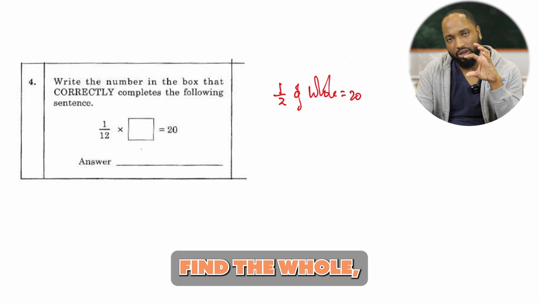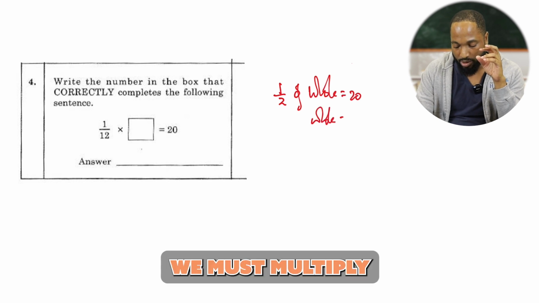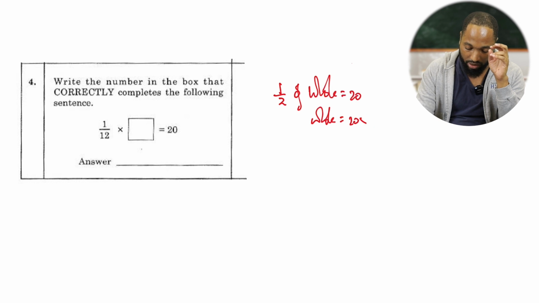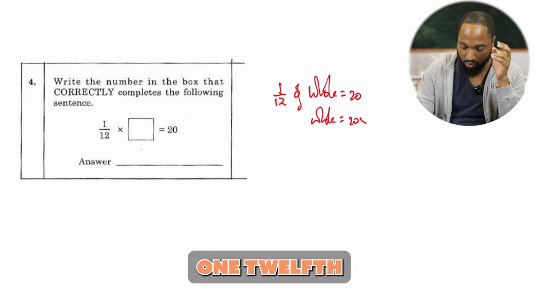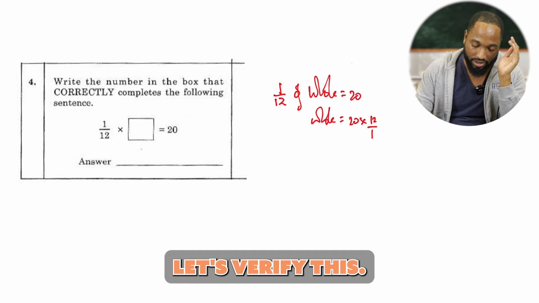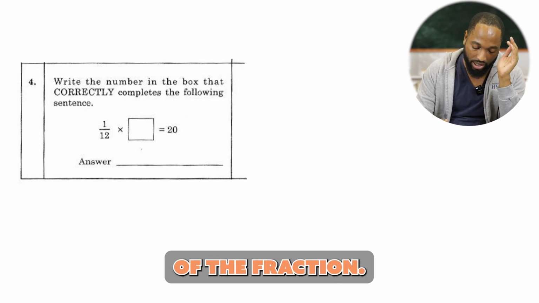So if we want to find the whole, we must multiply by the reciprocal. Now I had a half here, it was really 1/12, so the reciprocal will be 12 over 1. Let's verify this. So we need to multiply by the reciprocal of the fraction.